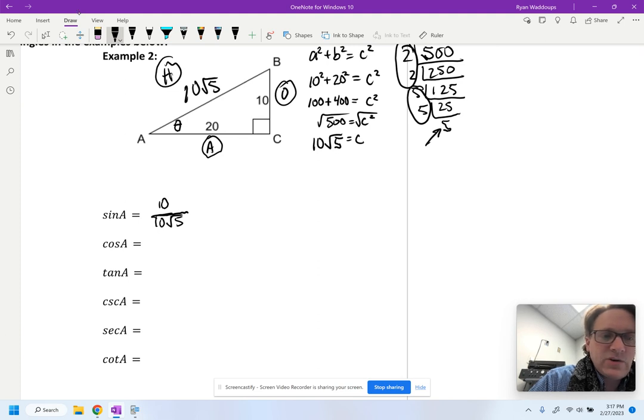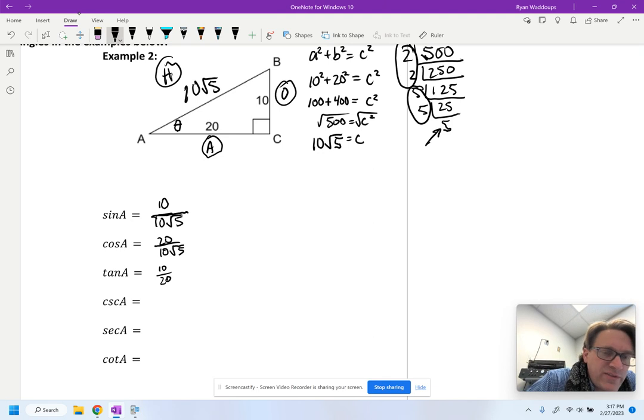And cosine, is A over H, 20 over 10 square root of 5. And the tangent, O over A, toa, that's 10 over 20.